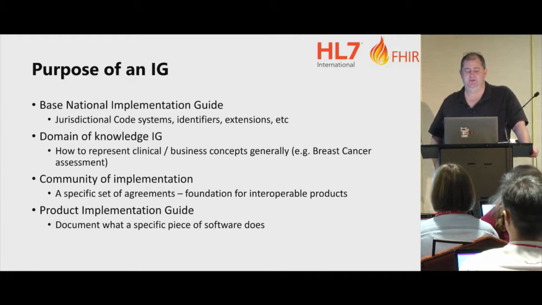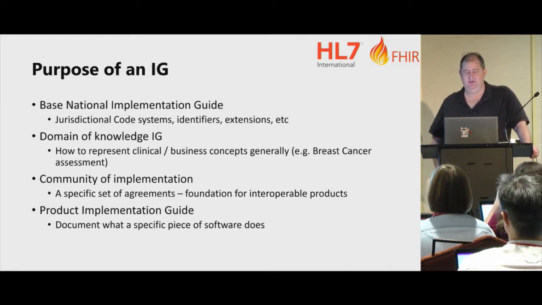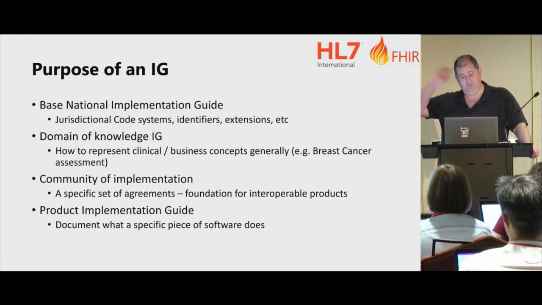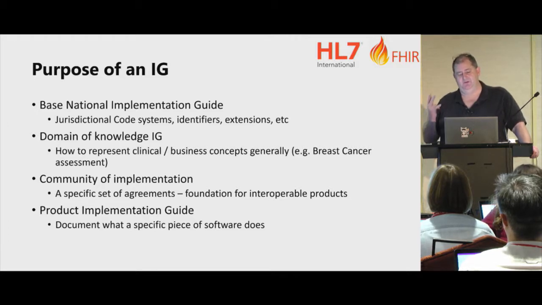It describes how the base regulations for the national health infrastructure apply in the context of FHIR, and that turns out to mean mostly describing the jurisdictional code systems, the jurisdictional identifiers, the extensions that arise naturally from the regulations. So for instance, to illustrate, in the USA there's race, ethnicity, they appear everywhere, so we put them in US Core, I'll come back to US Core in a sec.